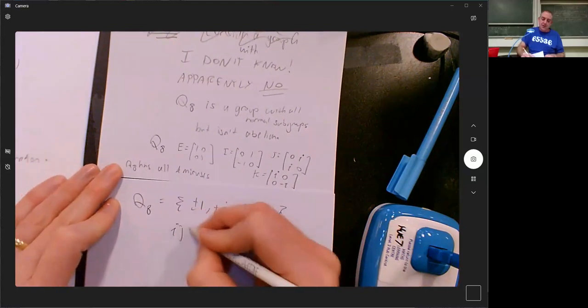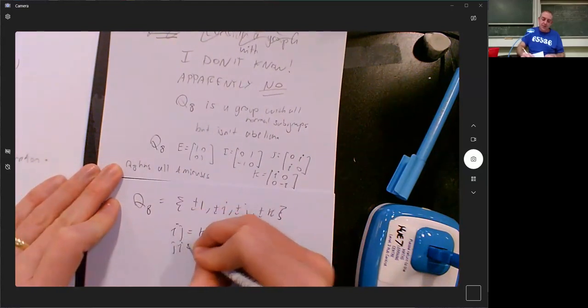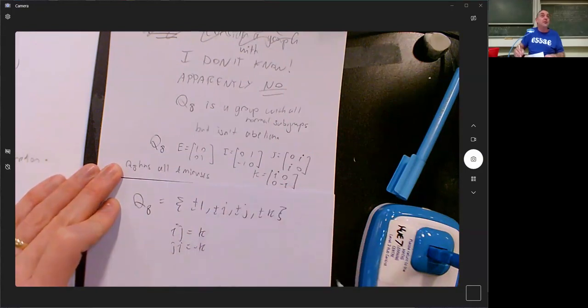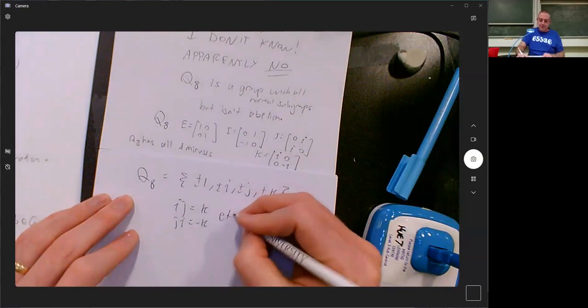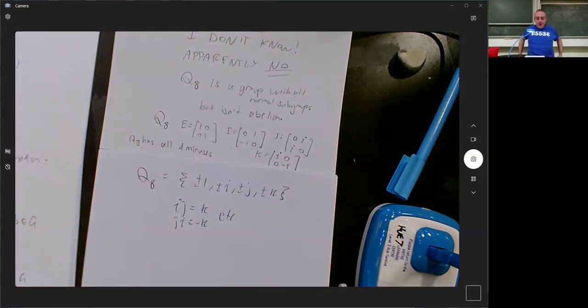Where i times j is k and j times i is minus k and all of those things. Yeah? Wow. Cool. And so you're saying that all of the subgroups have order 4? Or they're all order 2? Okay. But they're all normal. All right. Nice. Cool. And this is under multiplication.